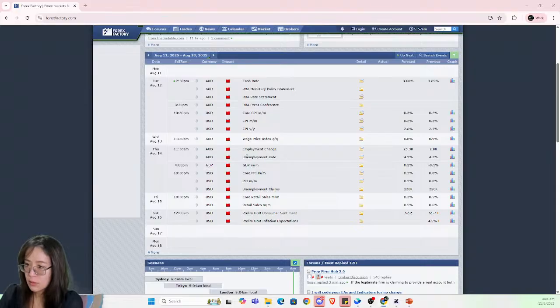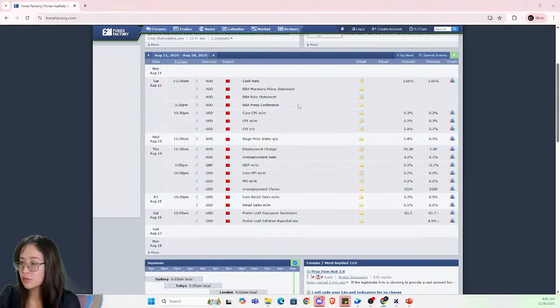And August 14, GBP, we have GDP at 4 p.m., and 10:30 p.m. at night for US dollar we have core PPI and unemployment claims. And Friday, August 13, we have core retail sales coming up. And August 16, which is midnight, we have another news for US dollar.